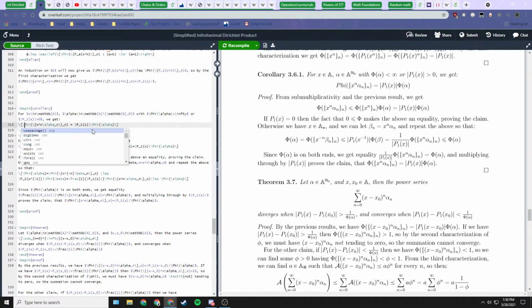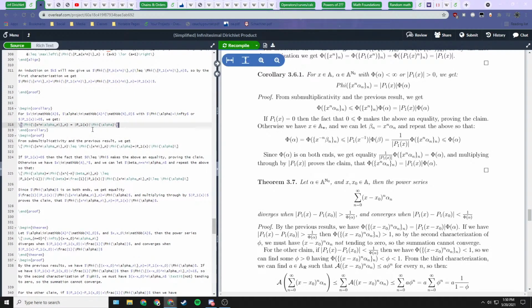Oh, whoops. I lost a backslash there. Okay, so we will update this.